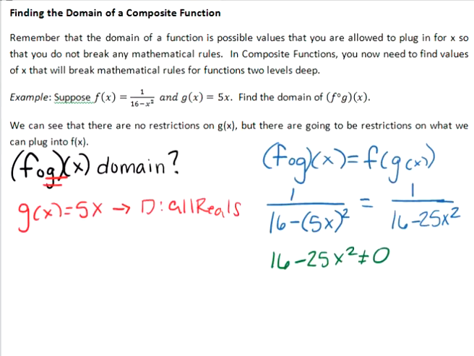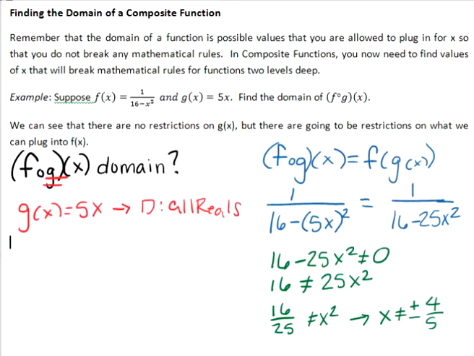Moving the 25x squared over to the other side, an equivalent statement would be that 16 does not equal 25x squared. I can then divide both sides by 25, giving me that 16 over 25 does not equal x squared. And then taking the square root of both sides, this ends up giving me that x cannot be equal to plus or minus 4 over 5.